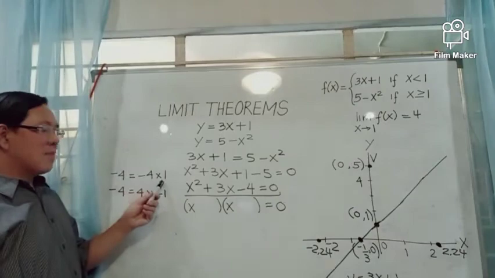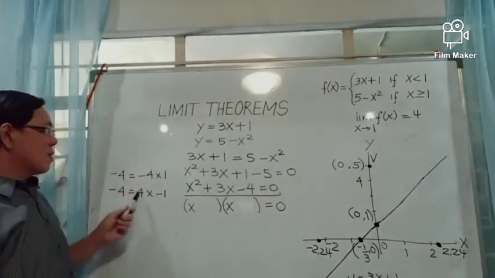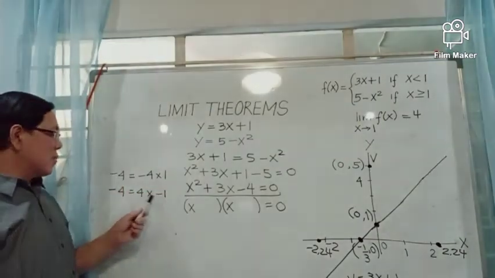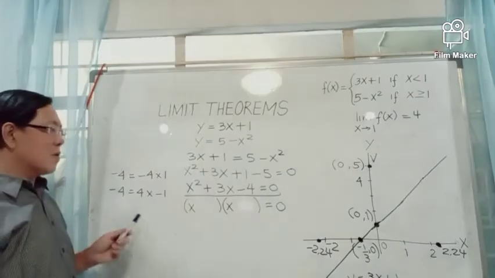Negative 4 multiplied by positive 1 is negative 4. Positive 4 multiplied by negative 1 equals negative 4.